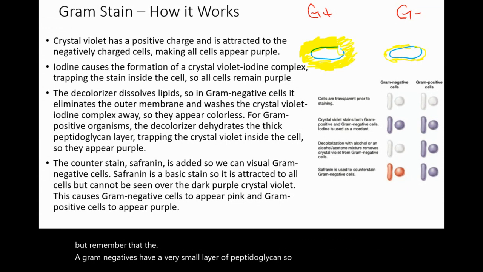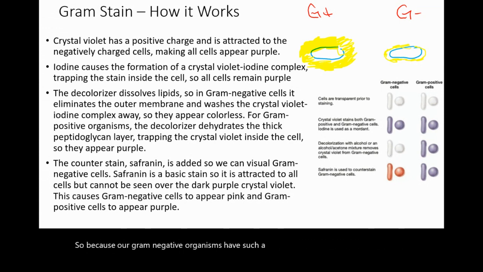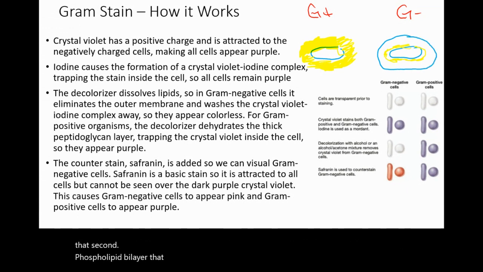All right. So because our gram-negative organisms have such a thin layer of peptidoglycan, they have that second phospholipid bilayer, that outer membrane, okay?